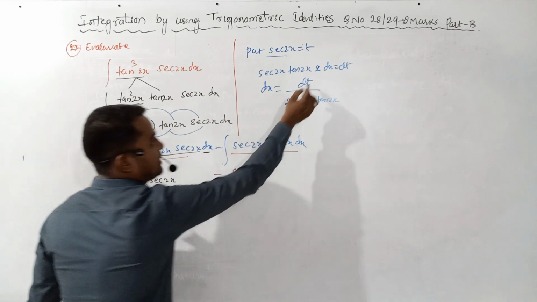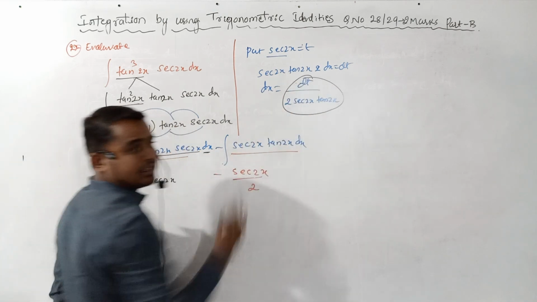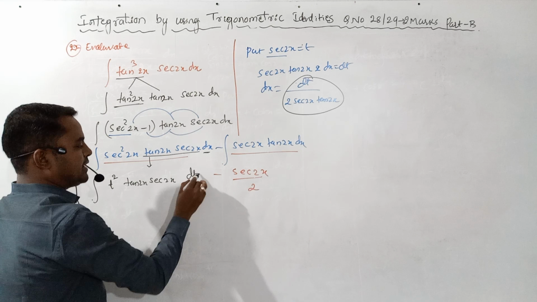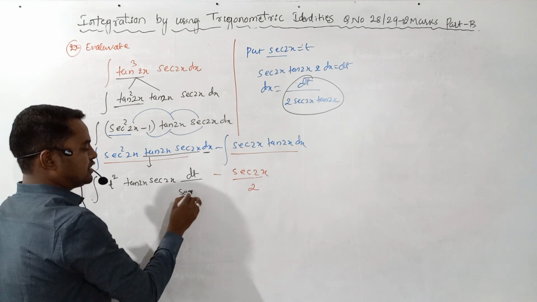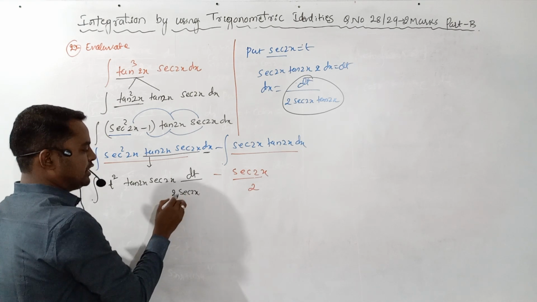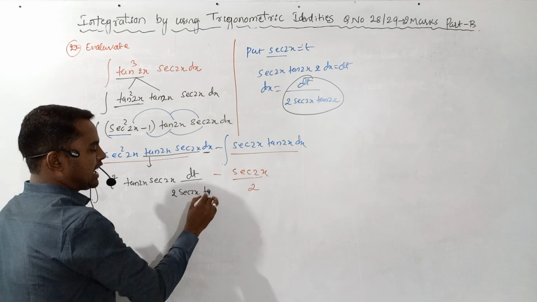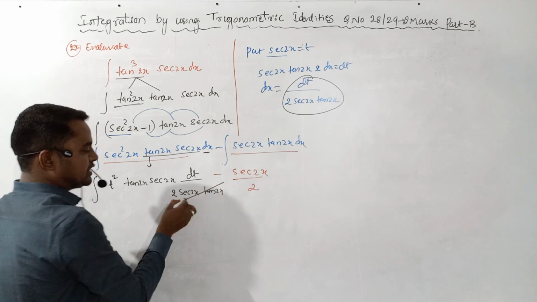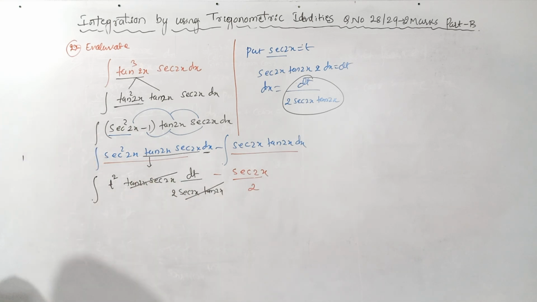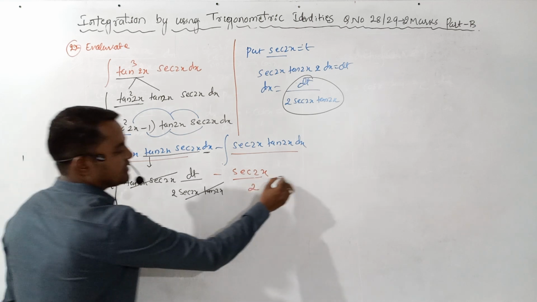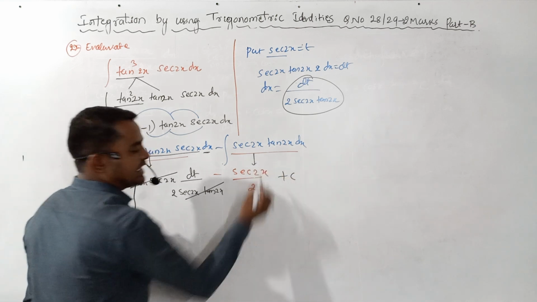Instead of dx, I am writing dt divided by 2 into sec 2x tan 2x. This one and this one get cancelled. There is plus c here because it is already integrated.